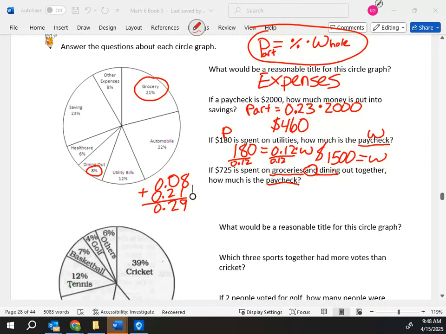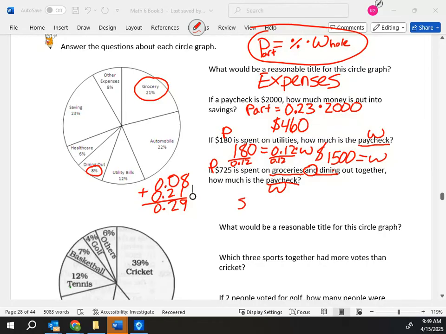New paycheck. What's my part? What's my whole? Kylie? 725. And what's my whole? The paycheck. Yeah? Because I need to know how I'm dividing my paycheck up into that circle graph. So now I know my percentage and I know my part and I'm looking for my whole.